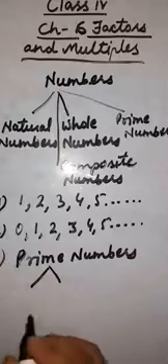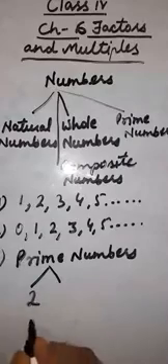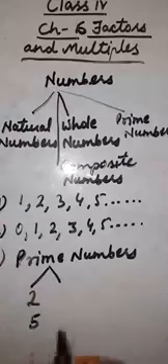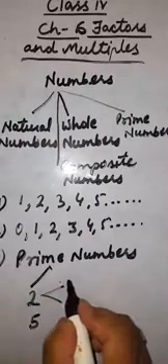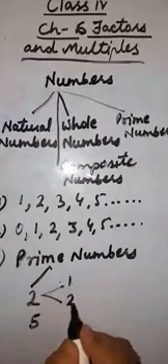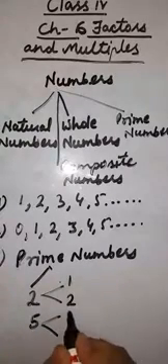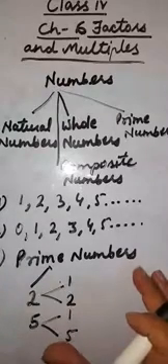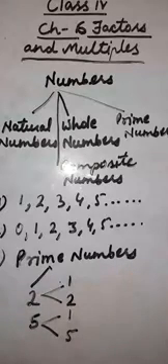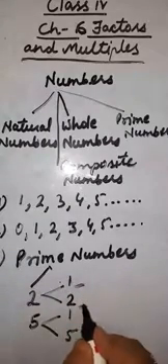Let's take the example of 2 and 5. 2 has only 2 factors, 1 and 2 itself, and 5 has only 2 factors, that is 1 and 5 itself. It means that prime numbers are numbers which have only 2 different factors, that is 1 and the number itself.